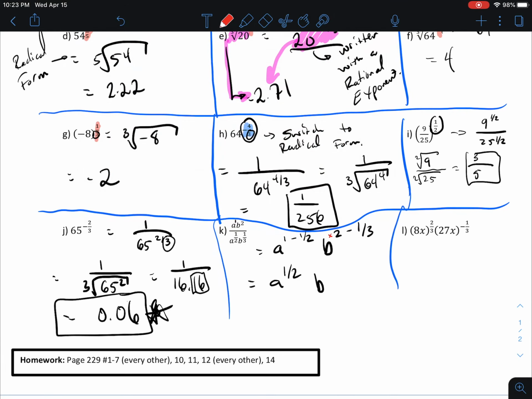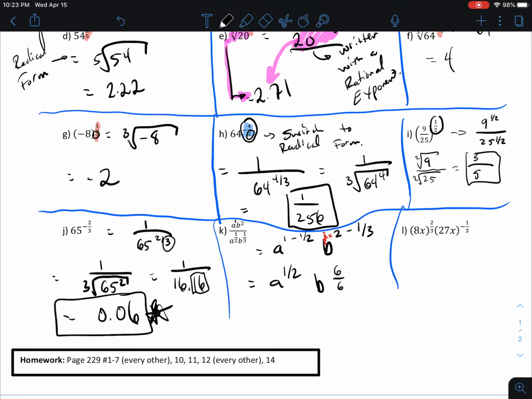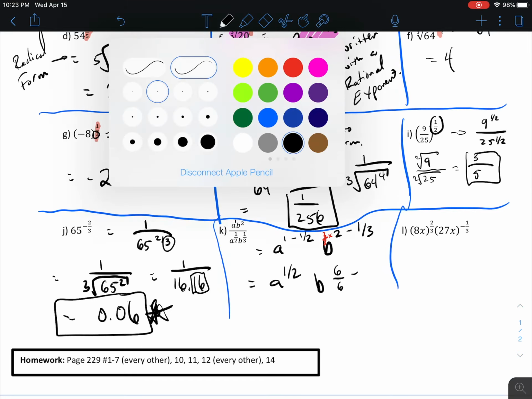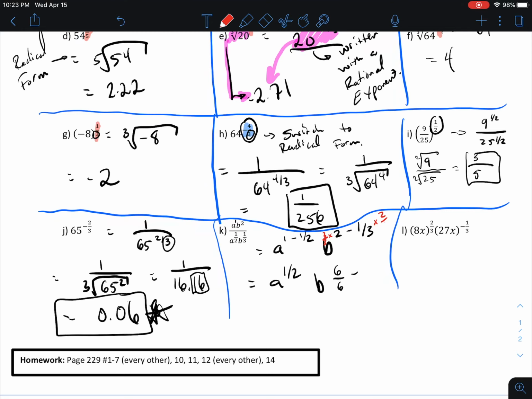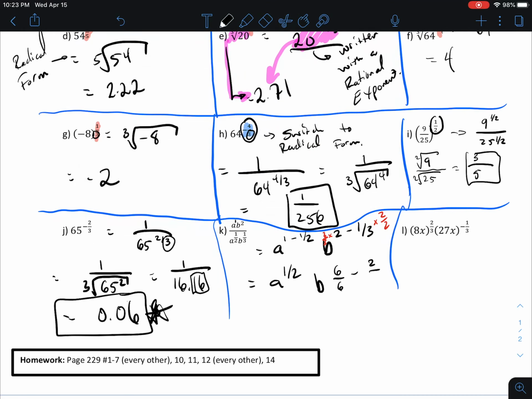Okay, and then for the second one though, you're going to have to find the common denominator. So in this case, I'm going to have to multiply the 2 by 3/3, right? And so I'm going to get 6/6, minus, and then I'm going to have to multiply this one over here by 2/2, which gives 2/6.